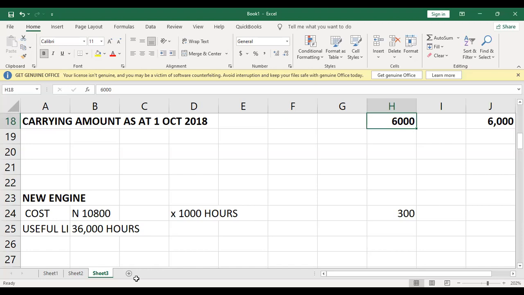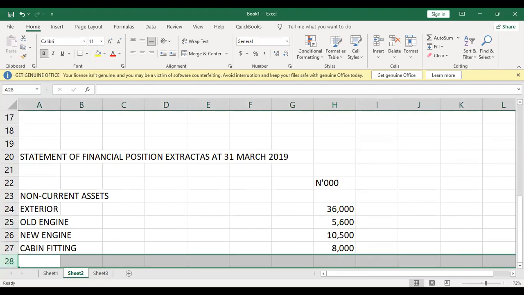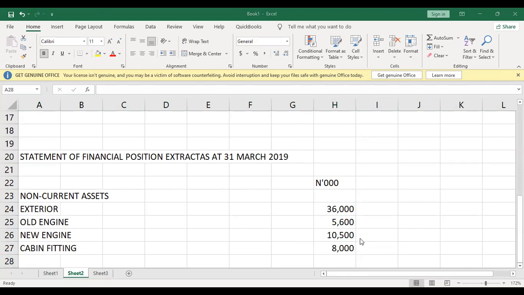That will give us 10,500,000. So please let's add everything together. What do we have? Okay, 6,100, all right. So that's the total.